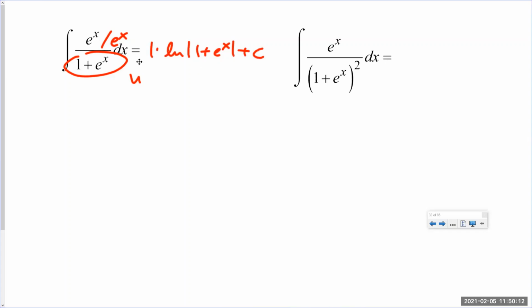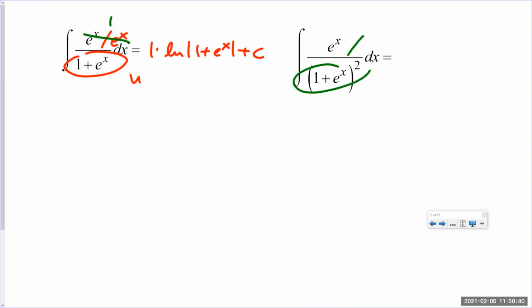Remember, this is a shortcut, but it only works if two things are true: your whole bottom is your u, and the x's cancel out. Look at this problem. I'm going to tell you what students do here. They look at this and think, okay, I'm going to make the bottom my u and divide by the derivative of my bottom.